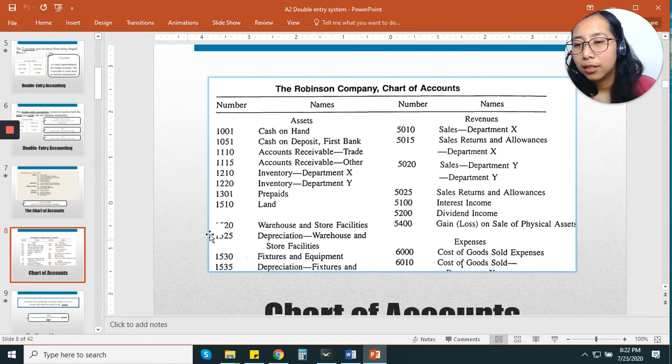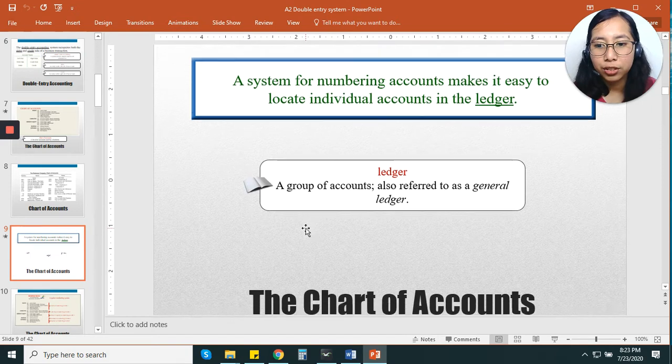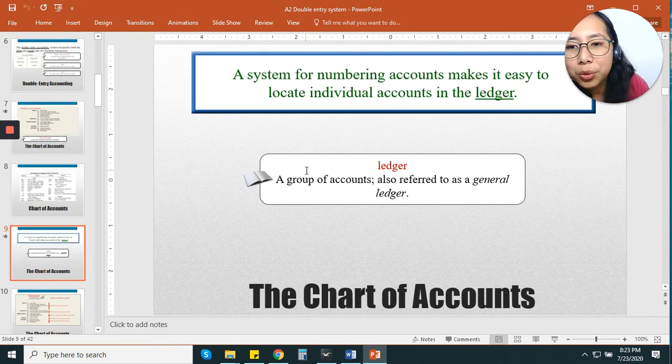Next, another example. Here is a definition of ledger. It is a group of accounts, also referred to as a general ledger. It is actually where you put the transactions or the amounts for each transaction sa kanya-kanyang ledger.